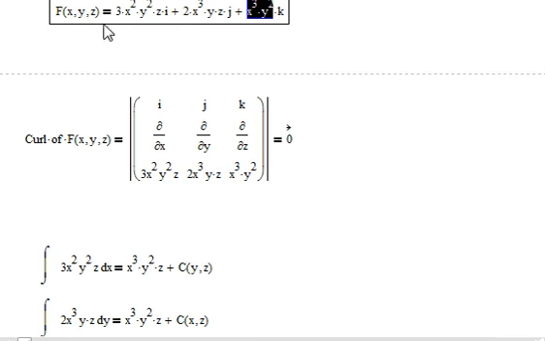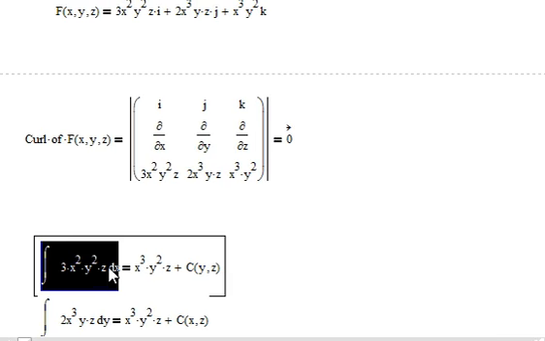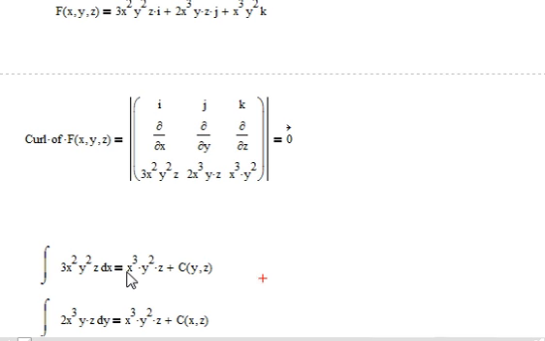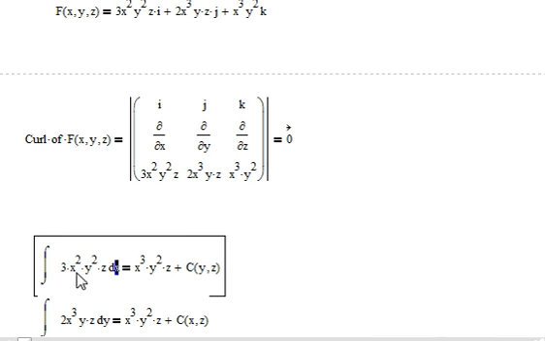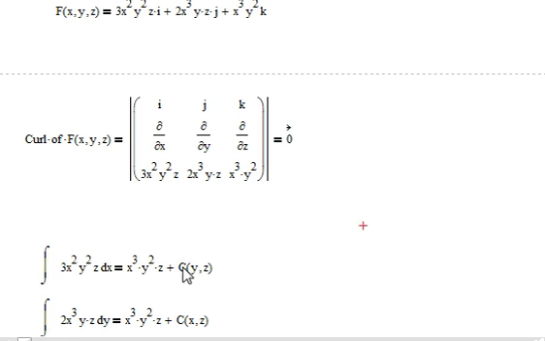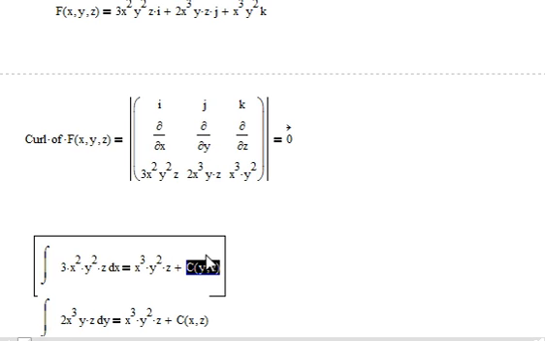So, if this is the partial with respect to x of a function, we can find that function by integrating that dx, and we would get x cubed, the 3's would cancel, y squared and z are constant, so x cubed y squared z plus some function of y and z, because if we took the derivative of this part that only had y and z in it, with respect to x we get 0.